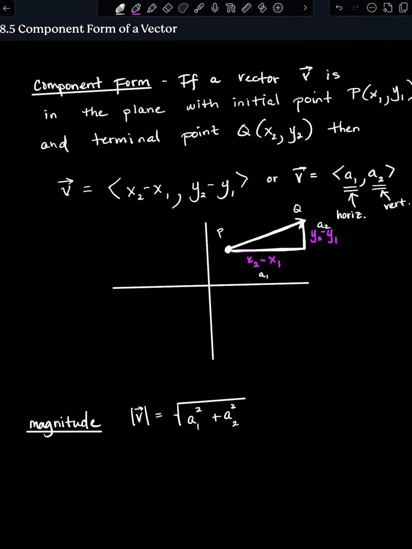I would use the Pythagorean theorem, because this is a right triangle, and I know that A1 squared plus A2 squared equals the length of this vector squared. So I would take the square root of A1 squared plus A2 squared, and that would give me the magnitude. Alright, so let's do some exercises with this.